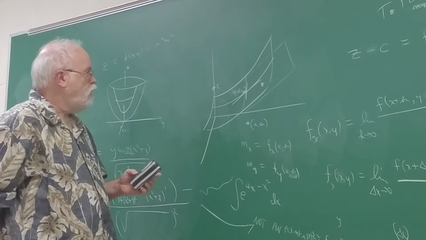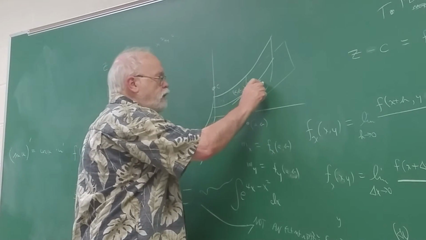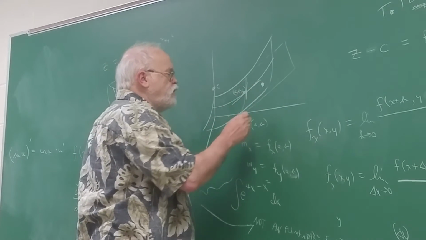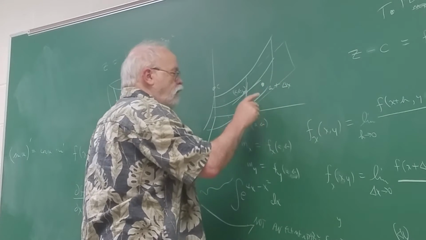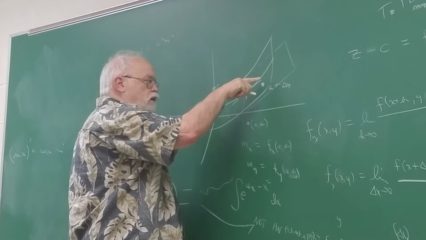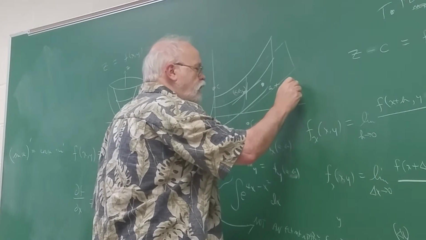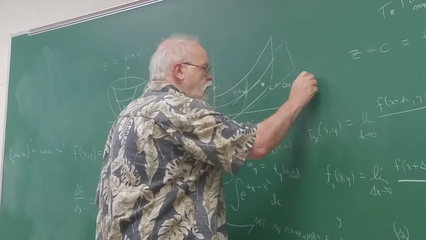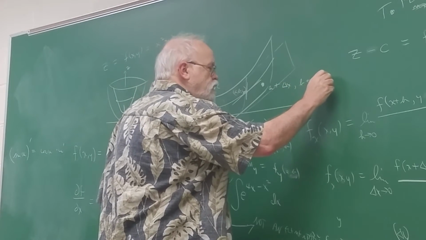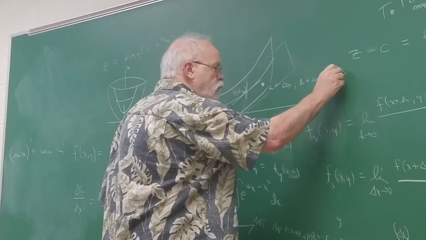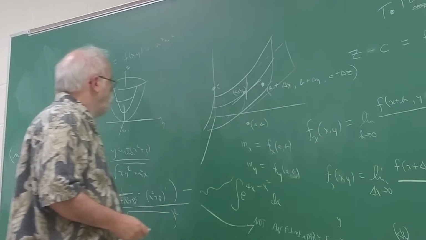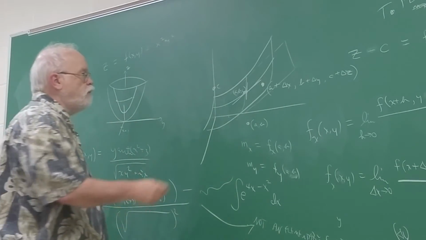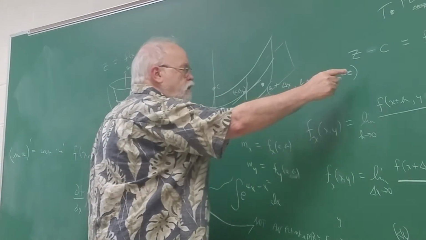Anyhow, so I'm going out to this point, and I've changed the x, and I'm on the curve, not the tangent plane. I've changed x, and I've changed y, and I've changed z. So I've got A, B, C, and I've got this point.